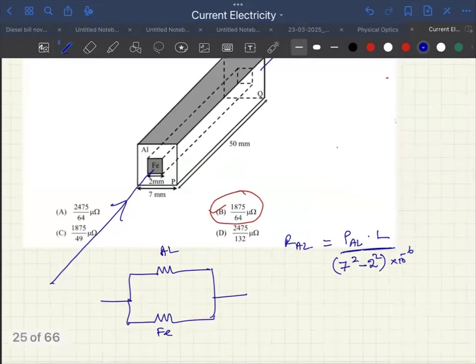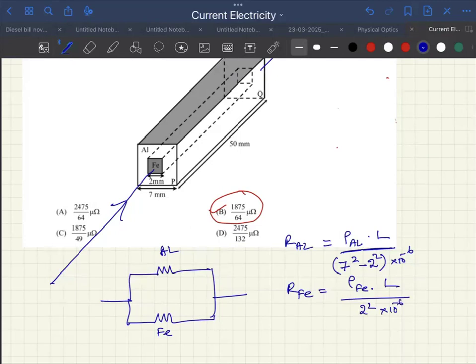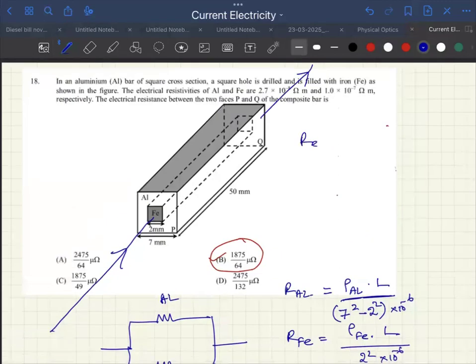Okay, next, what is going to be the resistance of iron? Rho iron, length is common. Now for iron, what do you say? Tell me the area. The area for iron is 2 square. 2 square into 10 power minus 6. So how are they? Parallel. So very simple. What is the effective resistance?